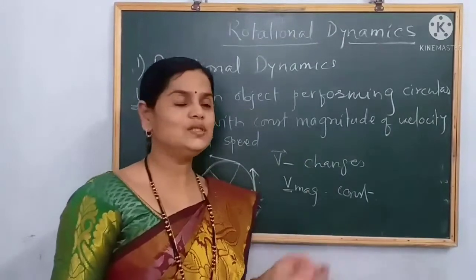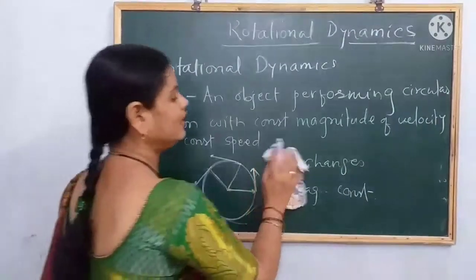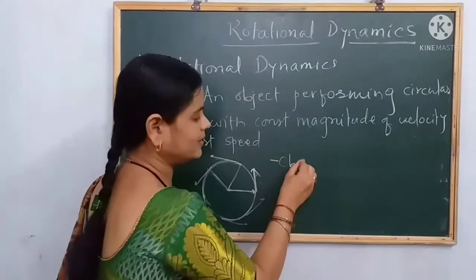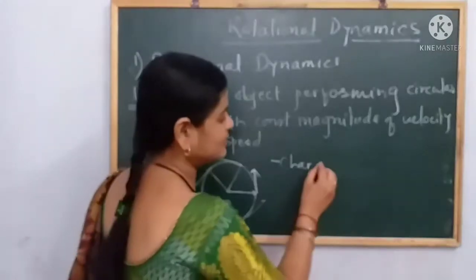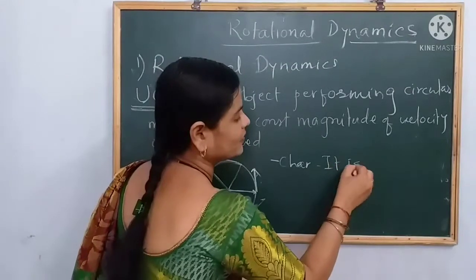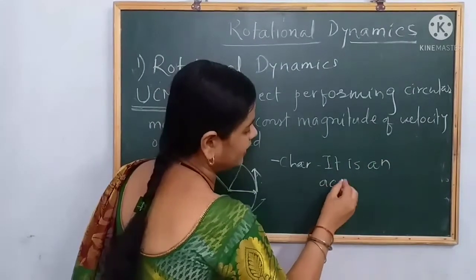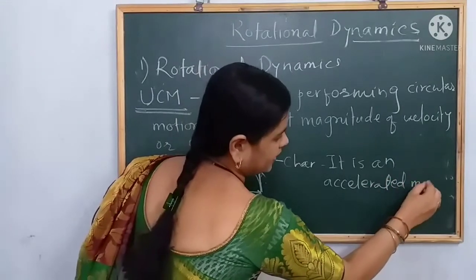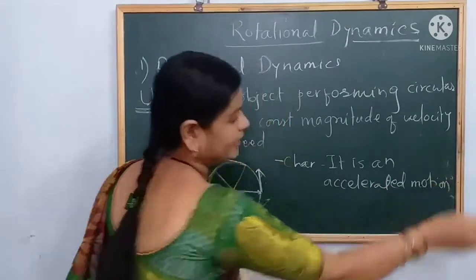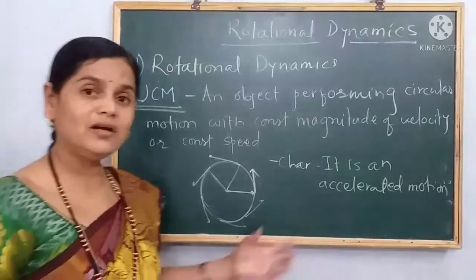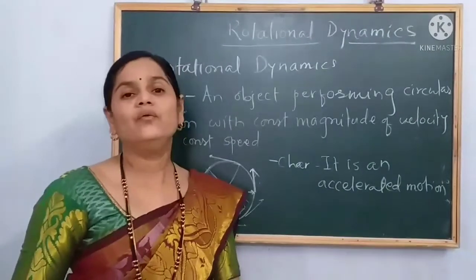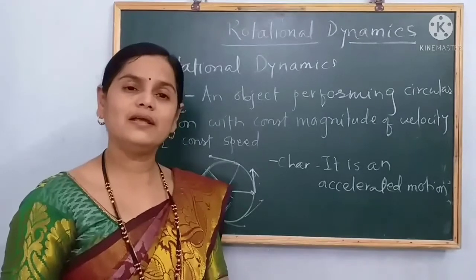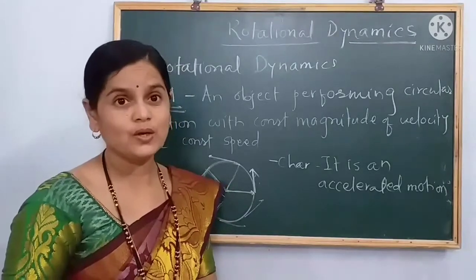So UCM is an accelerated motion. Why is it called an accelerated motion? Whenever there is a change in the velocity of the particle, acceleration is produced.